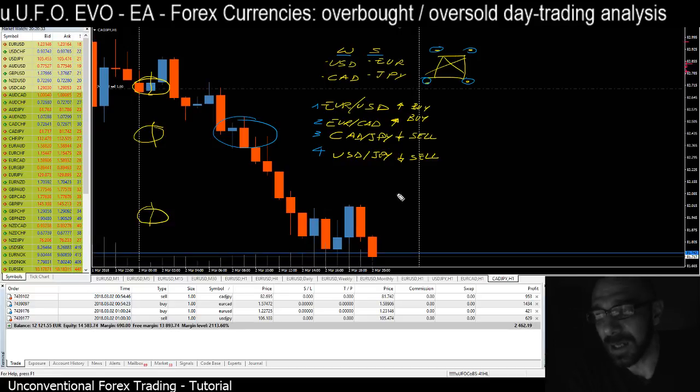When do I decide to enter the trades? It is secondary to the fact that, first of all, I have to analyze the market and understand on which currencies I have to focus. This is the first step.